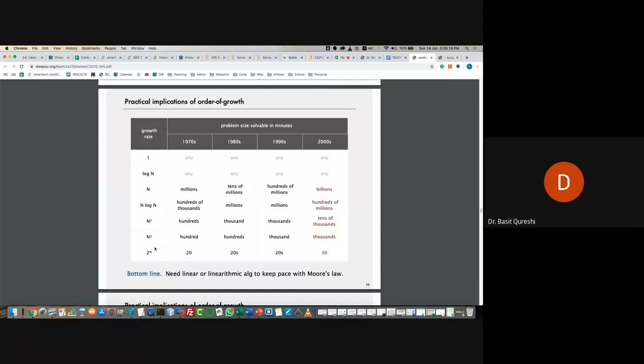So if you look at the order of growth for these functions, for linear, let's say your program is running in linear time, in the 1970s, because of the hardware available, you would be able to run, let's say, 1 million instructions on that processor. With the improvement of technology, now you can run billions of instructions for that program. This is for linear.